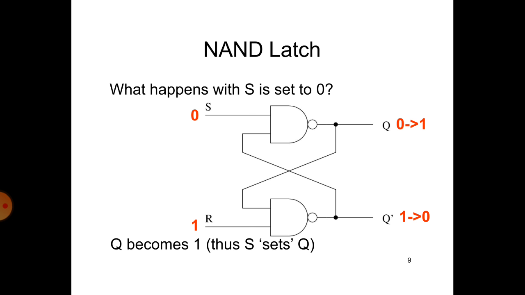Q bar will be given to the input of the first NAND gate. R will be given to one input of the second NAND gate, and Q will be given to the next input of the second NAND gate. So here 1 transitions to 0 and 0 transitions to 1.